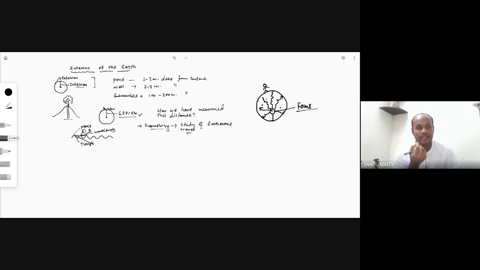Now, these waves can travel anywhere, but there are certain waves that can travel only within a certain medium. Medium means certain kinds of media, like liquid, solid, gaseous, etc. The interior of the earth is filled with different materials. Somewhere there is liquid, somewhere solid material, somewhere gaseous material.